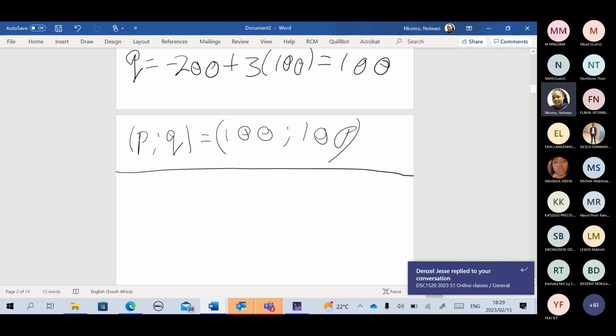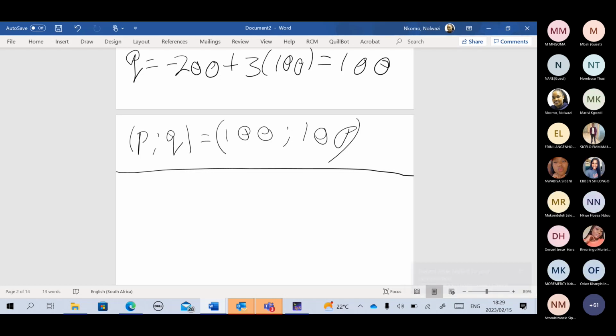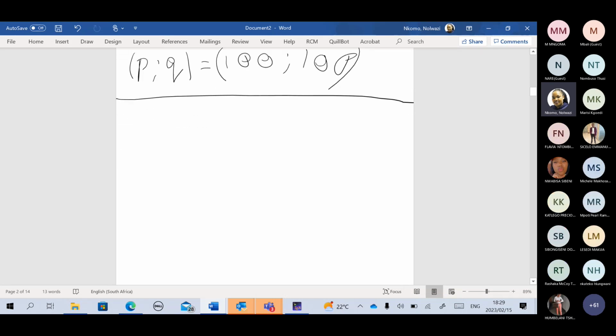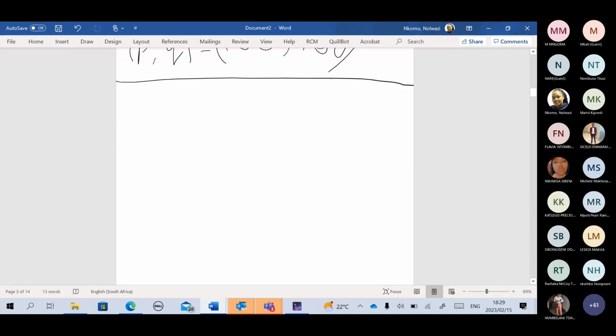Let's move on to the equilibrium in the labor markets, which is 3.12 on our study guide.